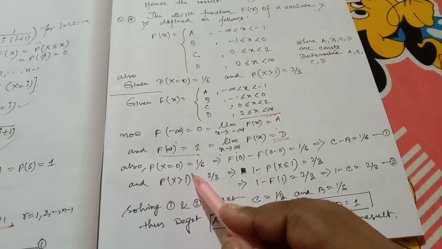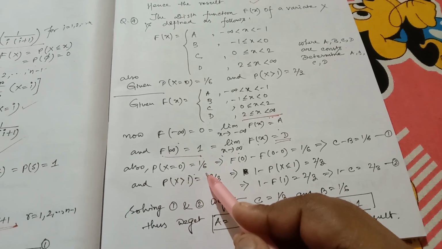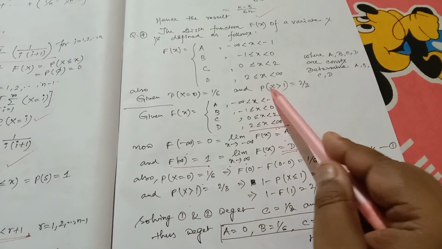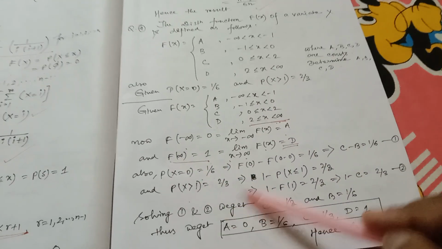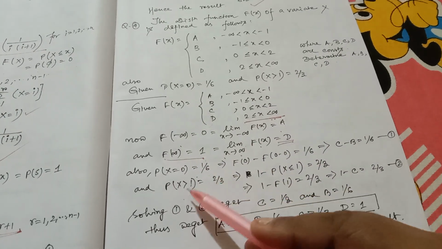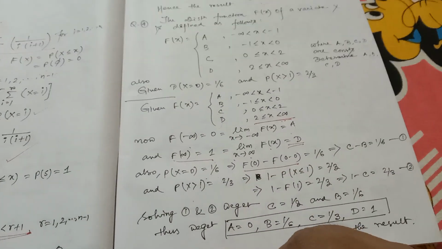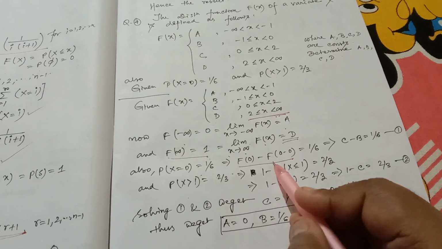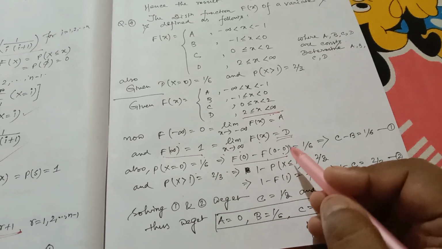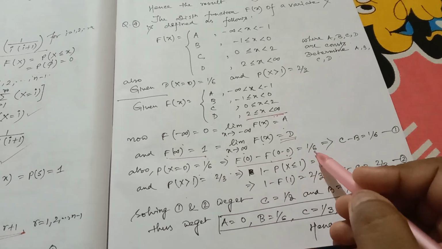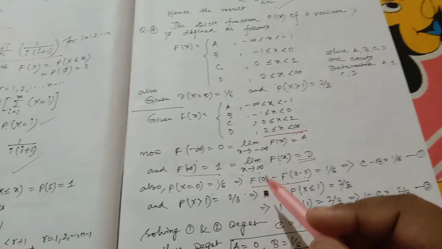Now the probability that X = 0 is 1/6. The probability that X > 1 is 2/3. These two conditions are given. Now remember, the probabilistic value of X = 0 is 1/6. What does it mean? As per the definition of distribution function, you can write F(0) minus F(0 minus 0), that is the left hand limit at 0, equals 1/6. What is F(0)?